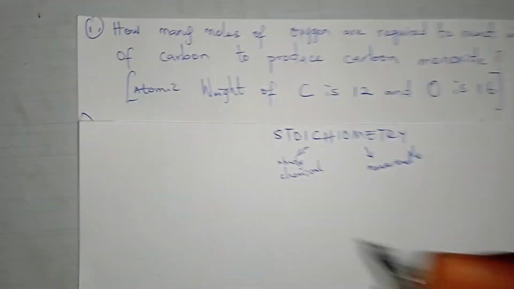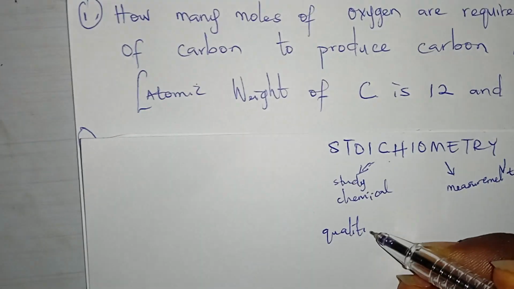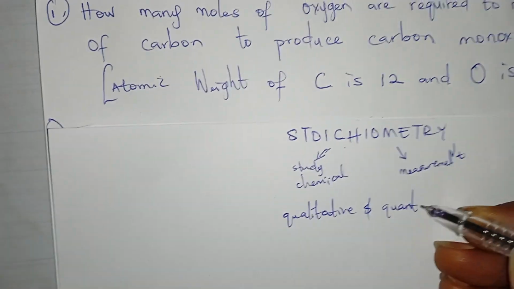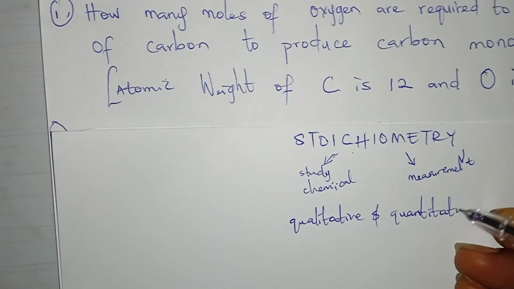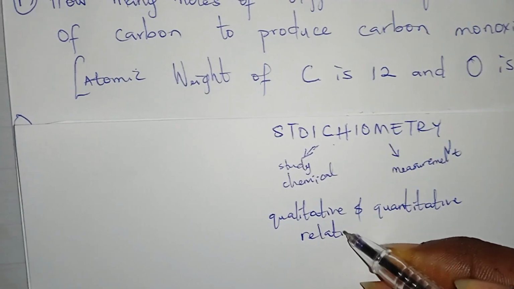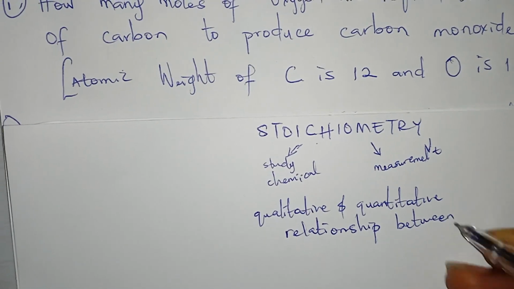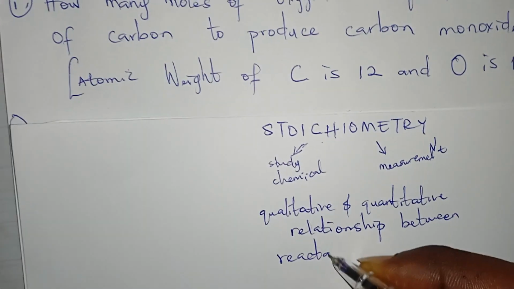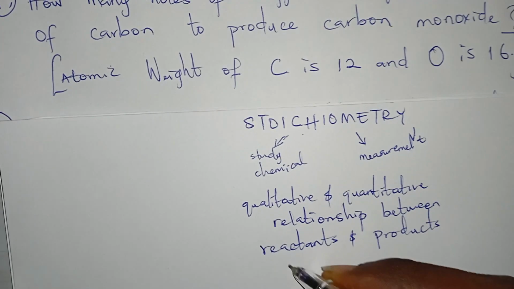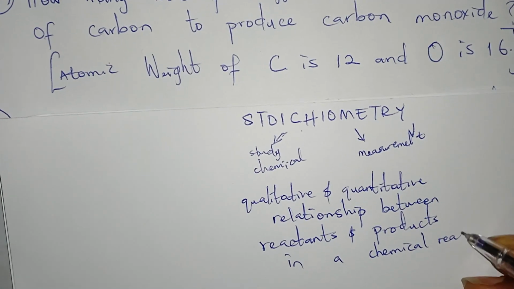So stoichiometry can be said to be the qualitative and quantitative relationship between reactants and products in a chemical reaction.